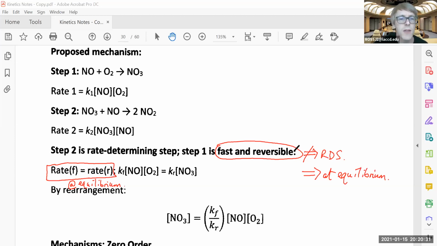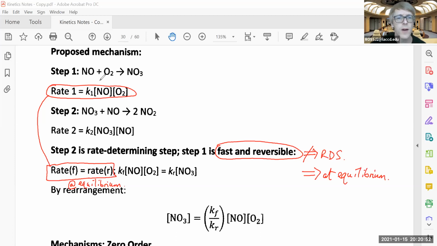So we said that step 1 is at equilibrium, correct? Because step 2 is rate determining, so step 1 is at equilibrium, which is this one.